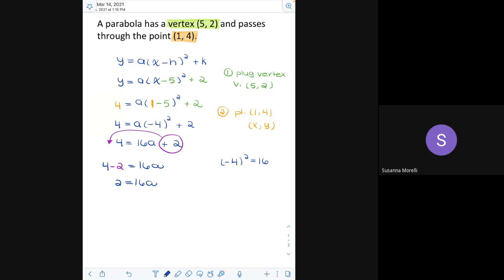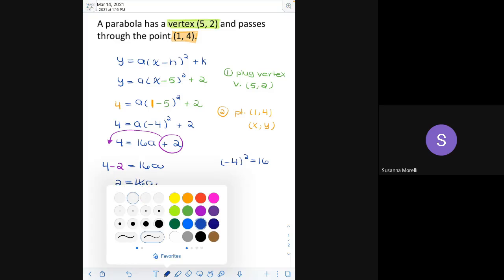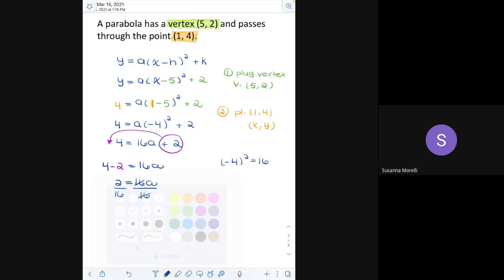Now to find a, we divide both sides by 16. So 2 over 16, in lowest terms, is 1 over 8. And that's our a value.